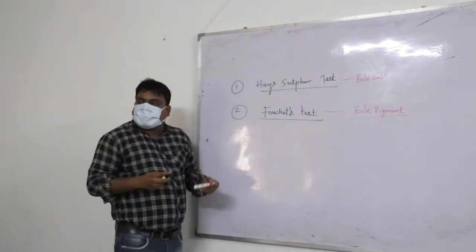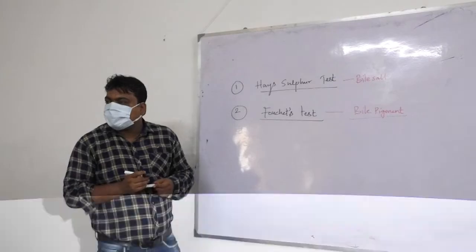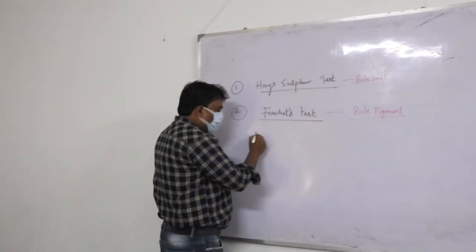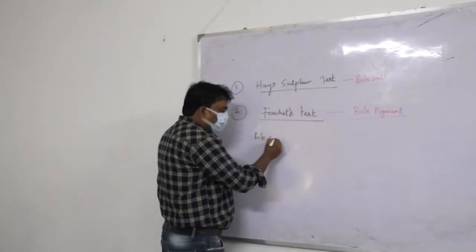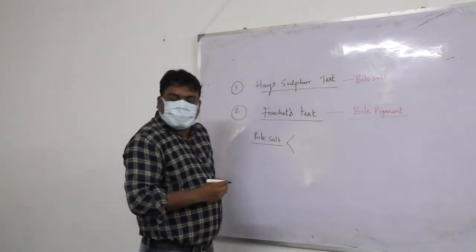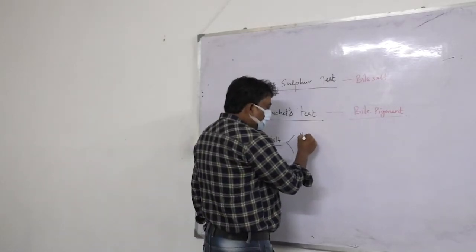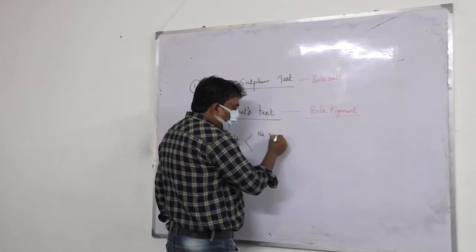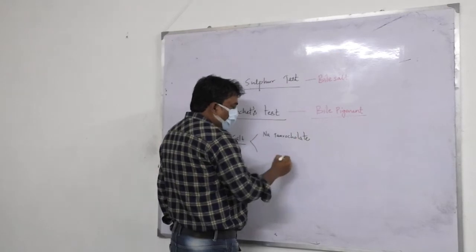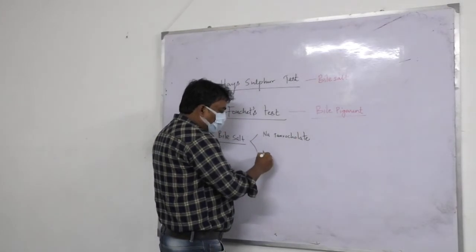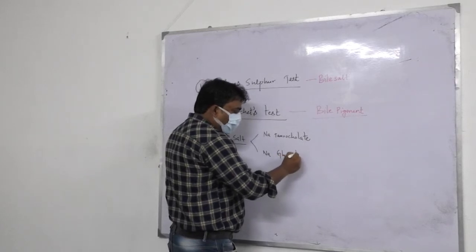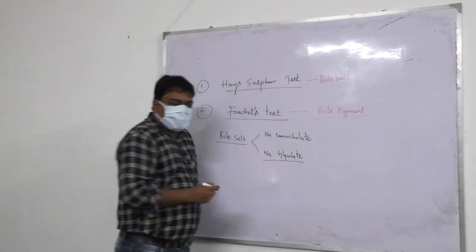Okay. Now you will tell me the names of the bile salts. Sodium taurocholate and sodium glycocholate.